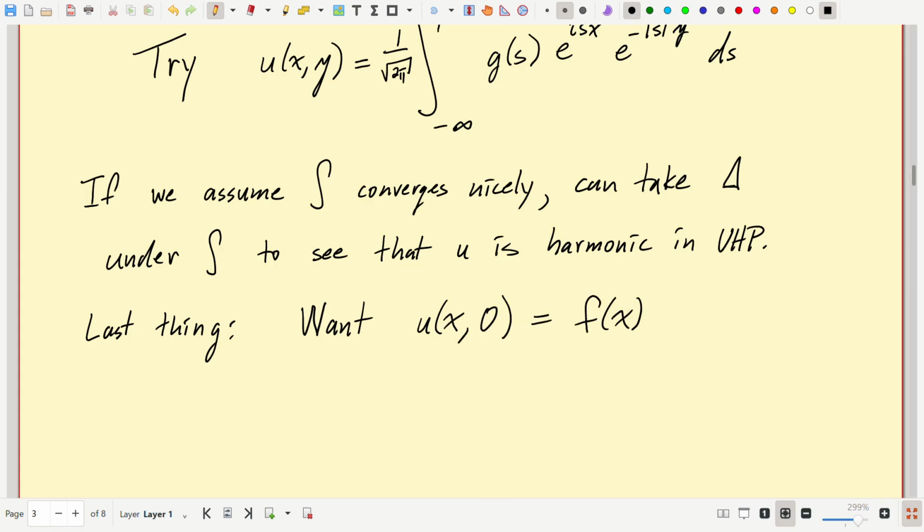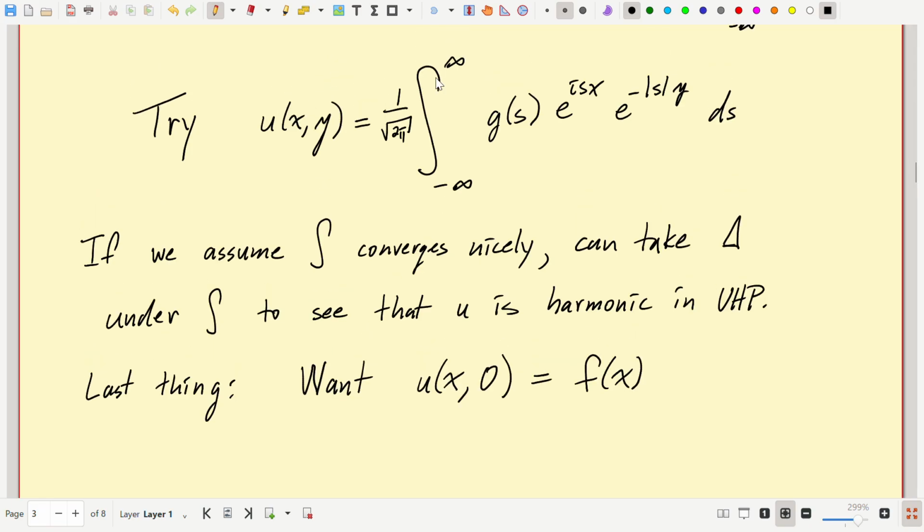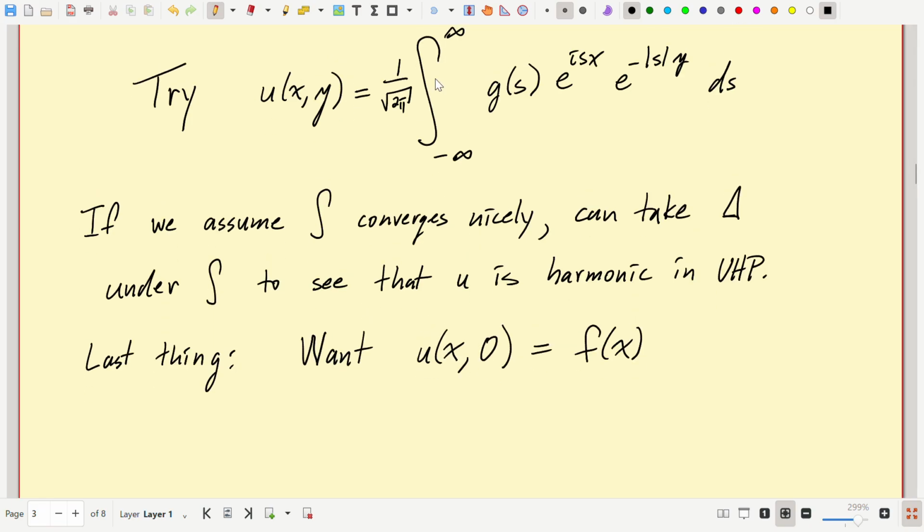And if I stick in y equals 0 in that thing right there, that's 1 over the square root of 2 pi, integral from minus infinity to infinity of g of s e to the isx e to the minus sy, with y equal to 0, ds, and we want that to be f of x.